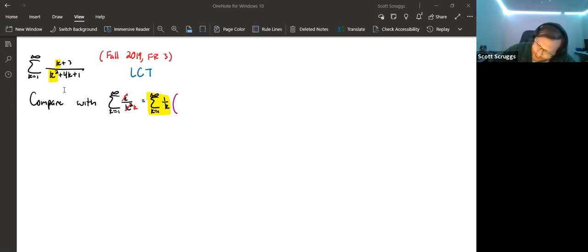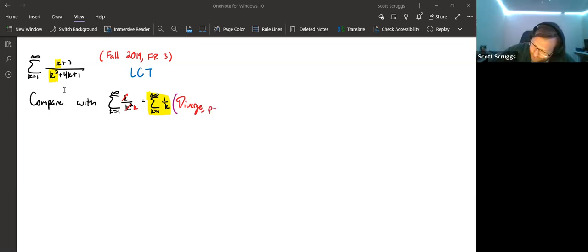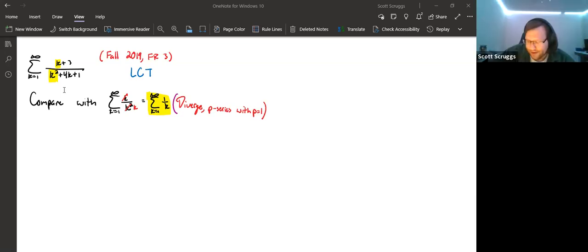What diverge? I would say because it's a p series with p equaling 1. Bingo. It's a p series where p is 1 and our condition for divergence for a p series is that p is greater than or equal to 1. Very good.